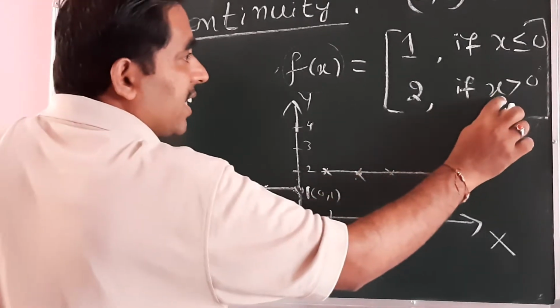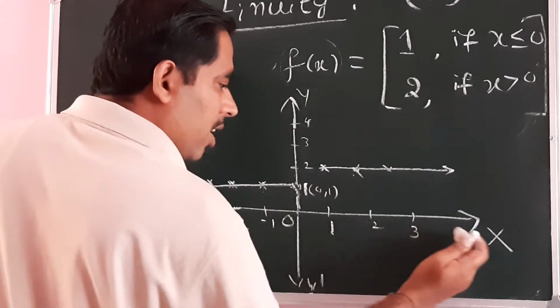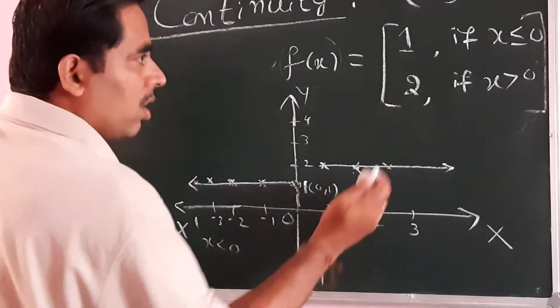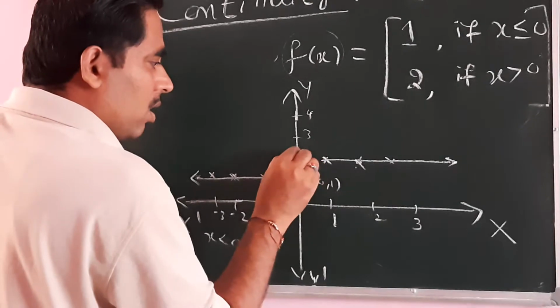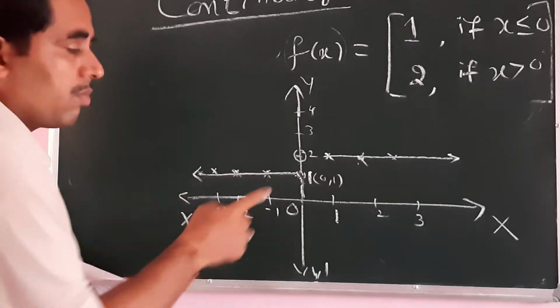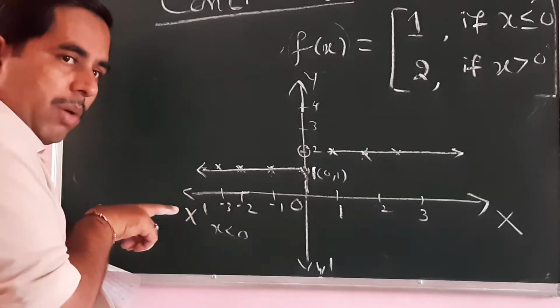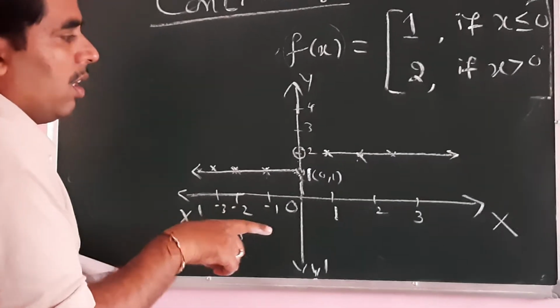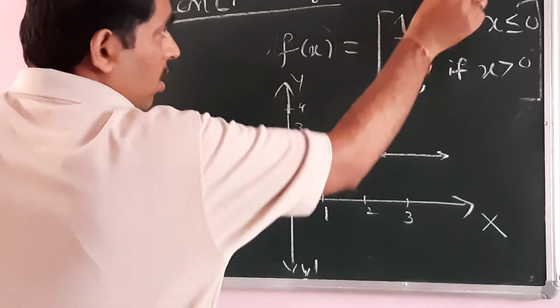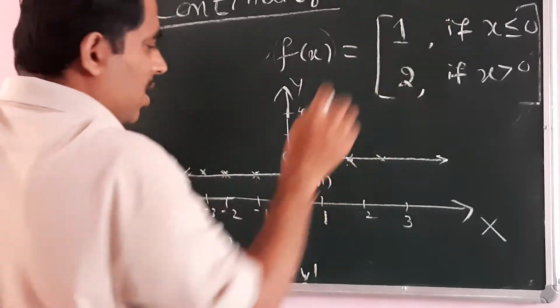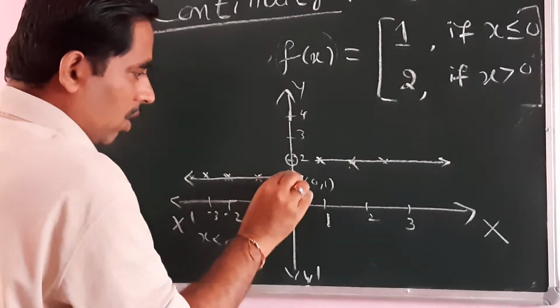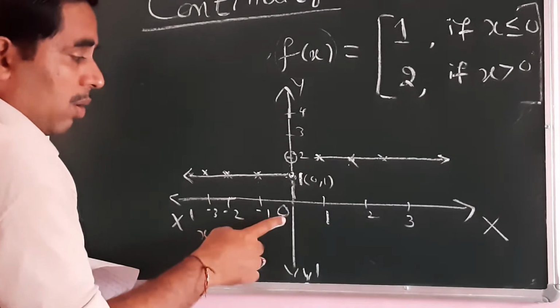Then when x is greater than 0, taking all the positive values, the value of y is 2. So I will put a circle here, 2. From the left side, here (0, 1): if I give x equal to 0, I got 1, so (0, 1) I have marked here. Observe this point 0.